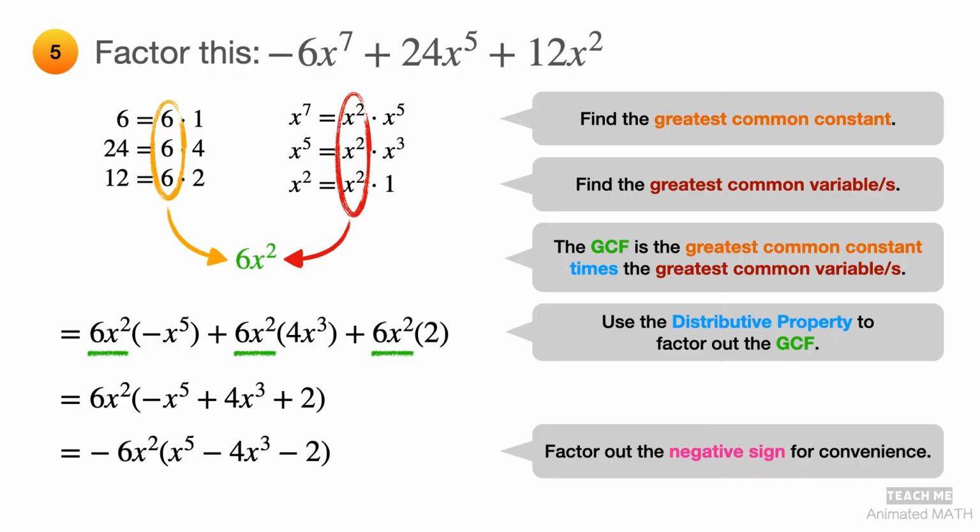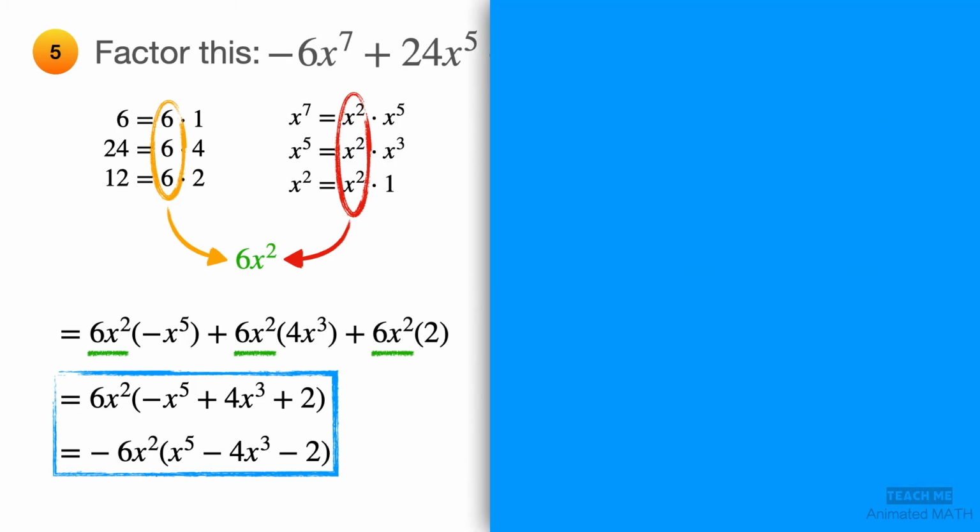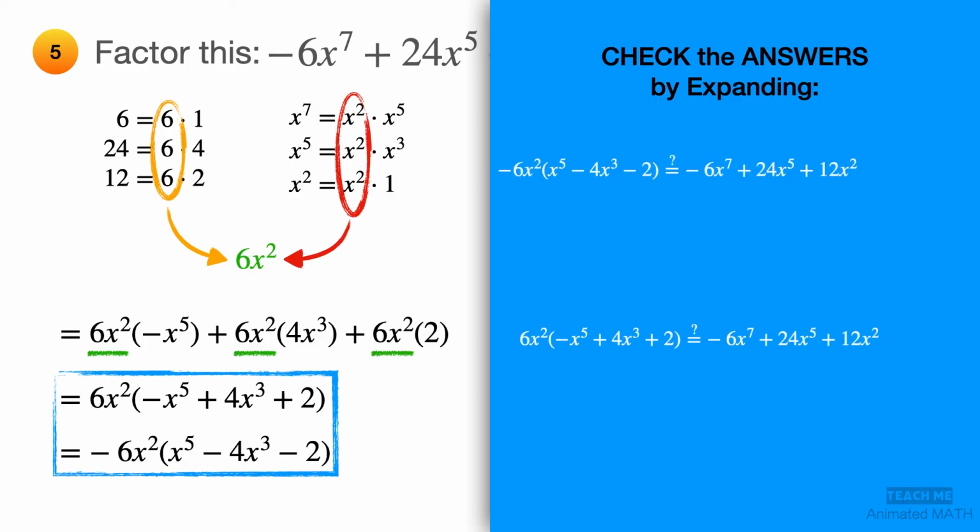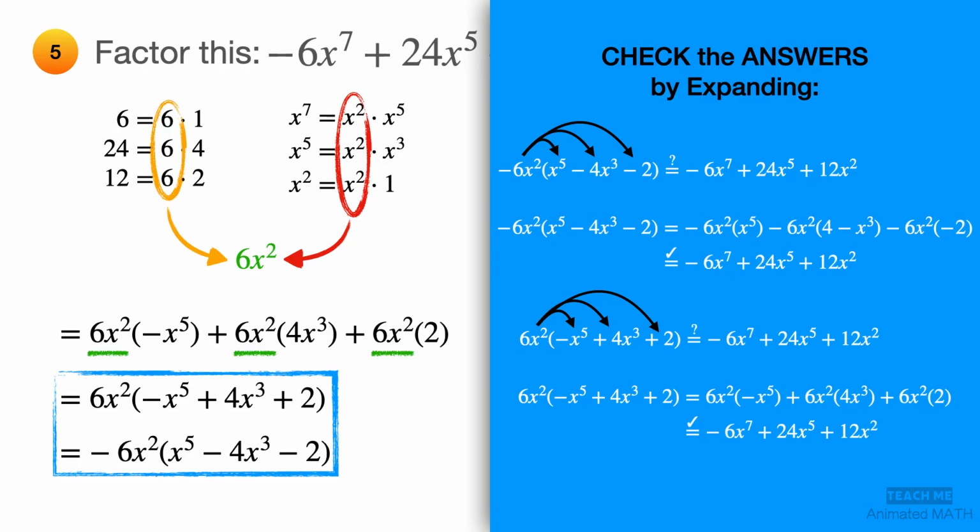Now, practically speaking, either of these two answers is correct, unless your exam gave some sort of specific instruction that the leading coefficient should be positive or something like that. Don't forget to check your answers by expanding them using polynomial multiplication, as shown in this video.